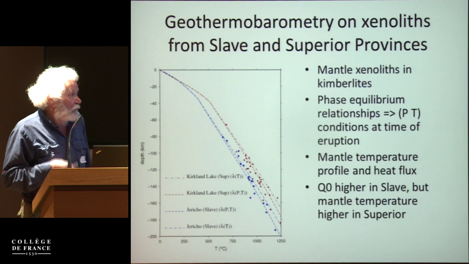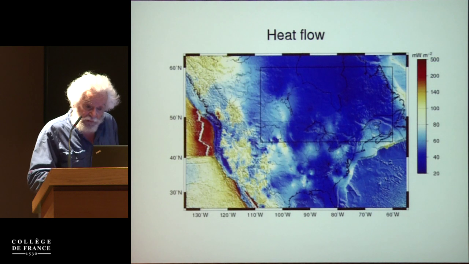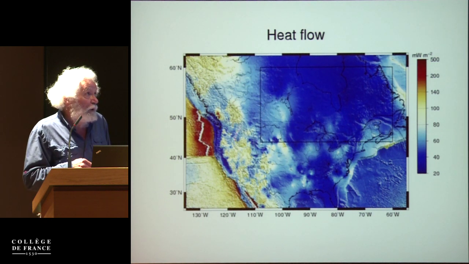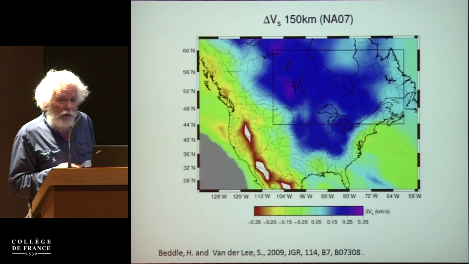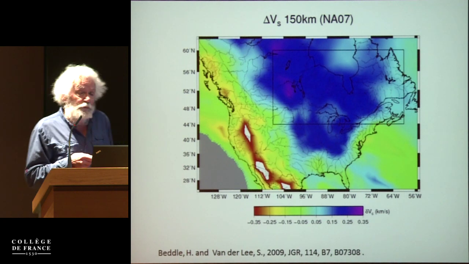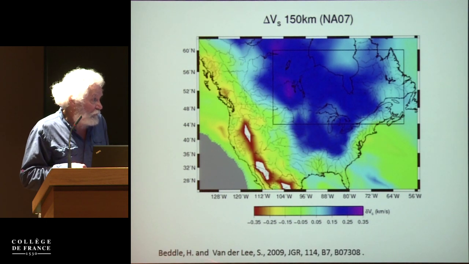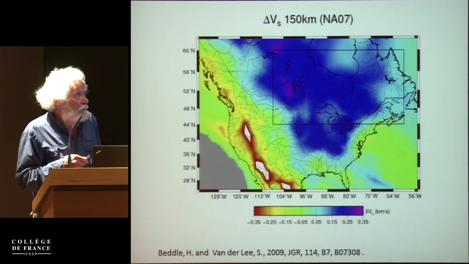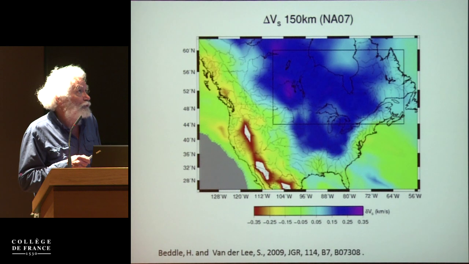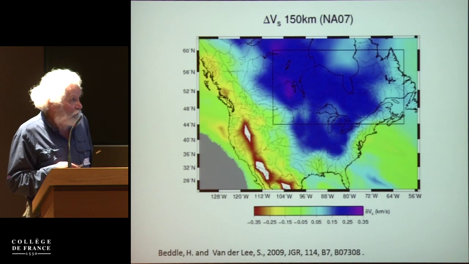Okay. So the next step, well, this is the heat flow map that I showed before, was to compare heat flow with seismic data. And here, what we have used is the surface wave tomography models of Susan van der Lee and Heather Bedell. That you see here is the shear wave velocity anomaly at 150 kilometers from surface wave tomography.